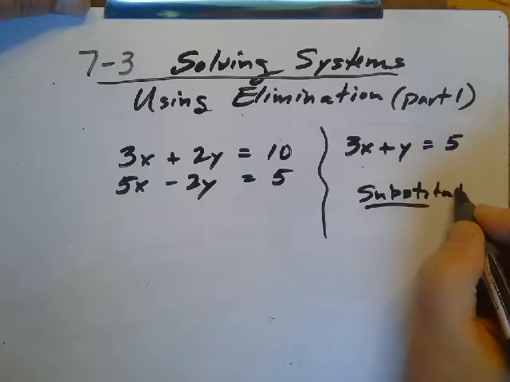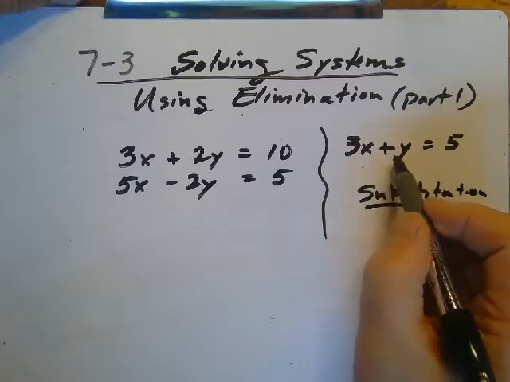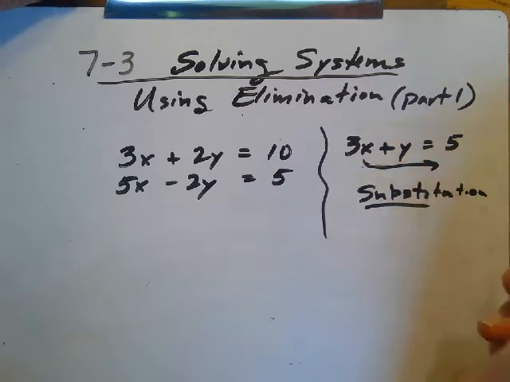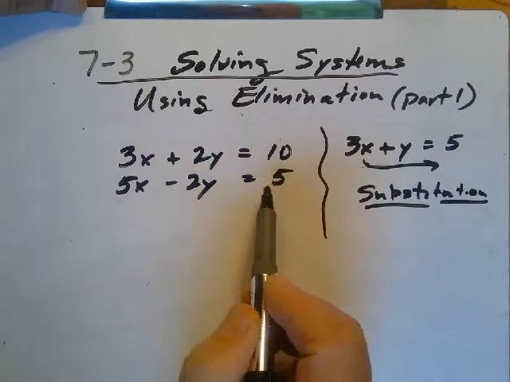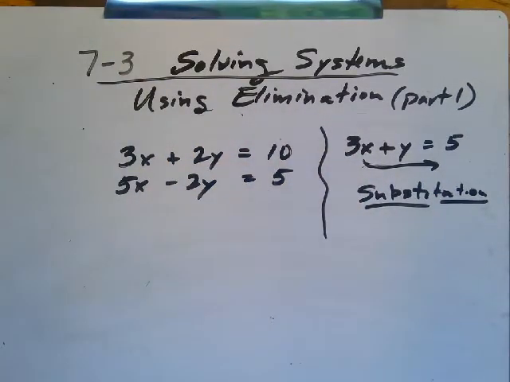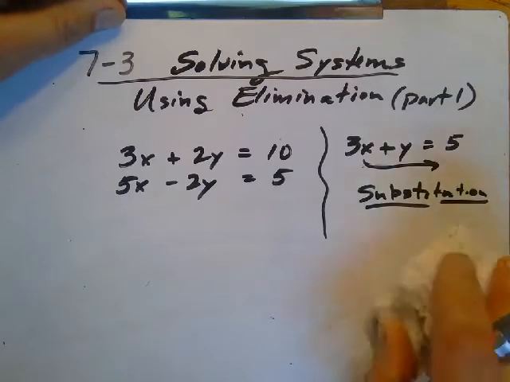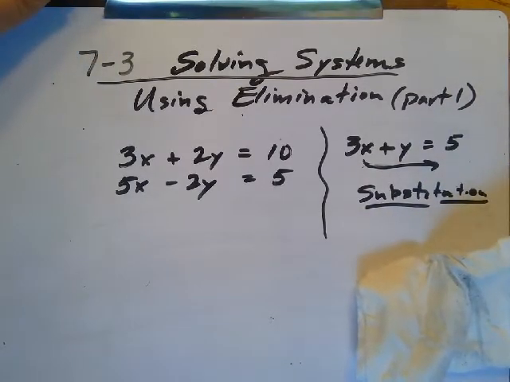When one variable is alone in the equation, it's better to try to solve this for y and use substitution. But with elimination, when they're in standard form, it works out great to go ahead and try using elimination. Well, let's see how that process works.